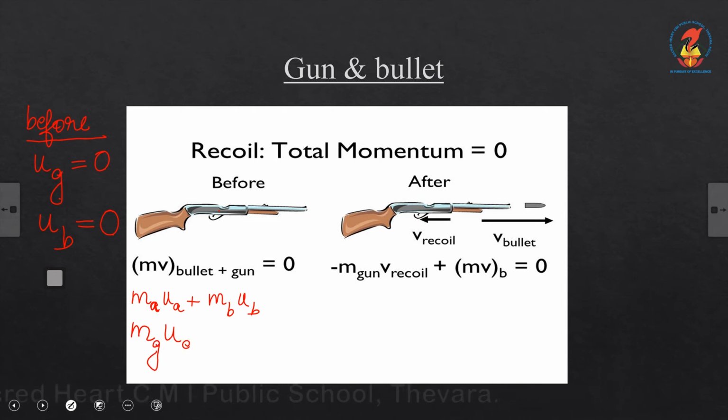So the equation becomes MGUG plus, the second object being the bullet, MBUB, the mass of the bullet times the velocity of the bullet before collision. Mg is the mass of the gun and Ug is the velocity of the gun before collision.